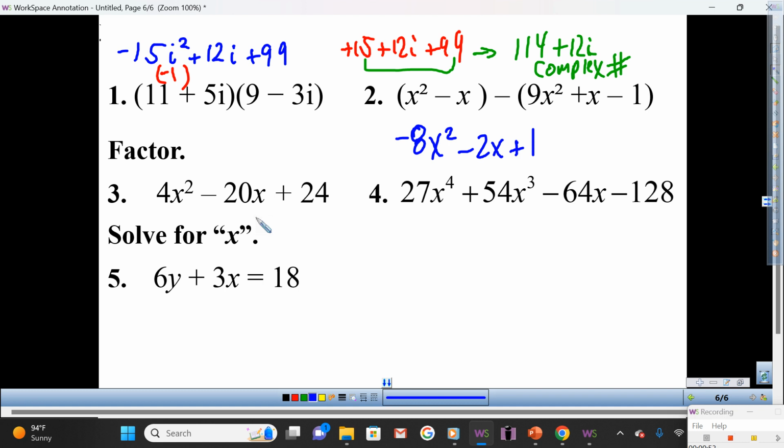All right, Selena, pass to someone. Anthony D, what'd you get? 4x minus 2 and x minus 3. There's 3 factors. Hands up if you got that. That is correct.